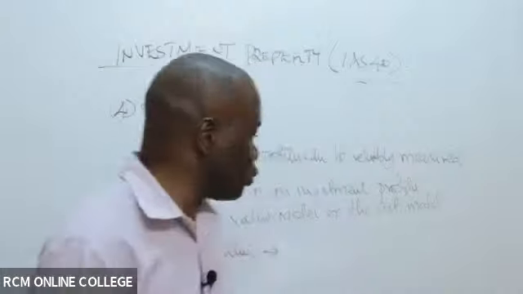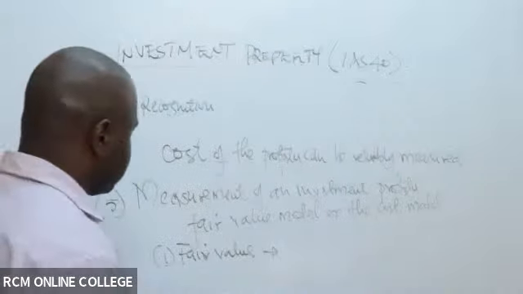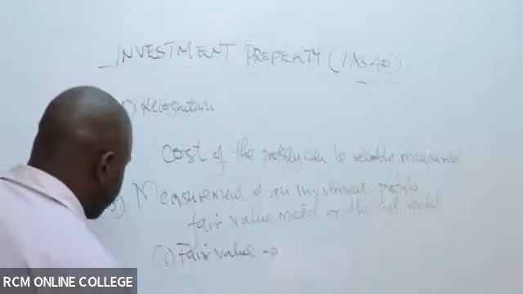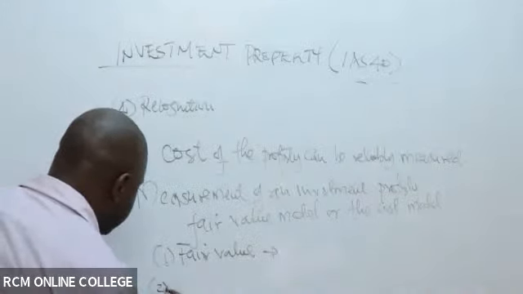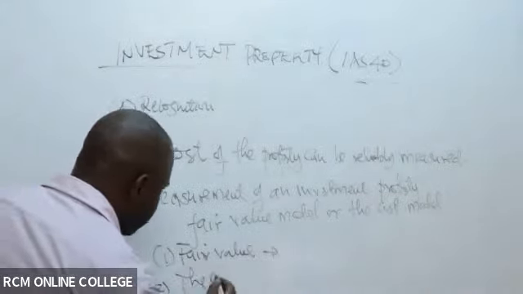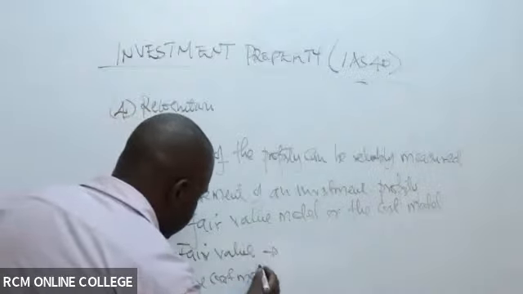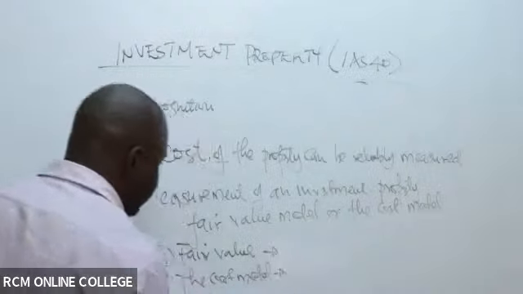Then number 2, we're talking about the cost model. How do you deal with it under the cost model?